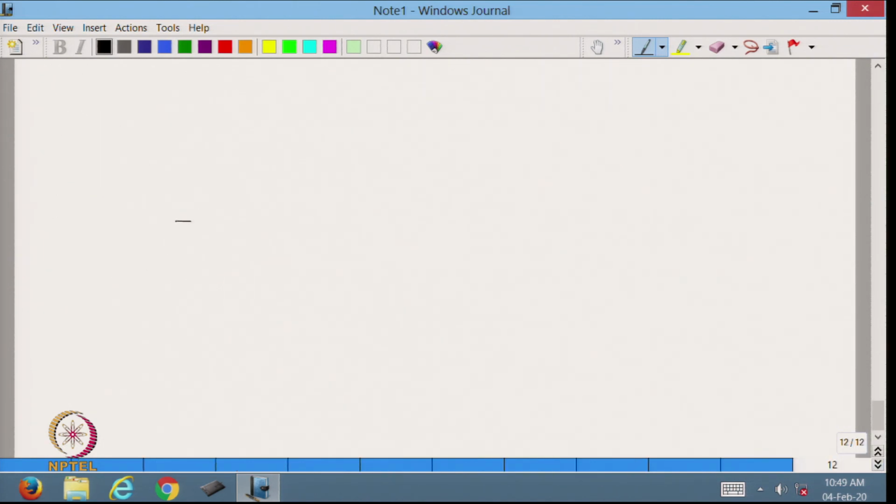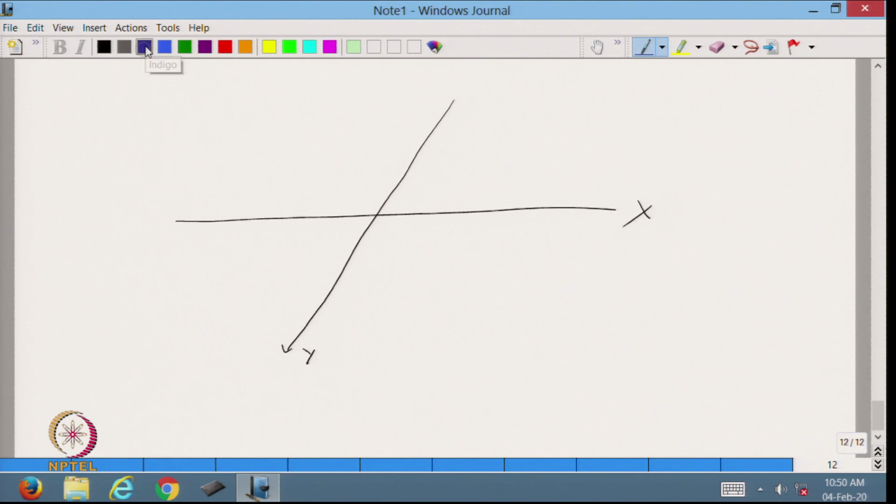So, suppose this is my x axis and this is my y axis. I am trying to draw the curve for x. It will look like this.